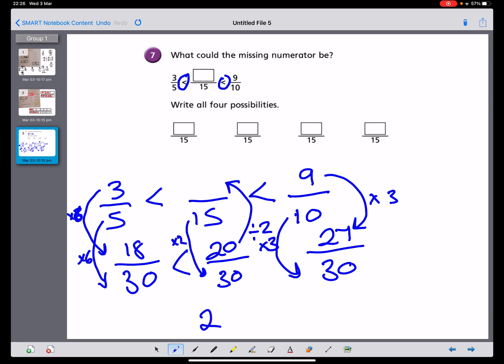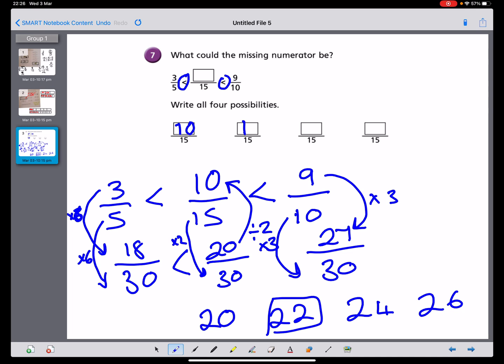If I have 20 there, this would be 10. Oops. If I had 22, this would be 11. If I had 24, this would be 12. And if I had 26, this would be 13. Okay, so any of those would fit in there.